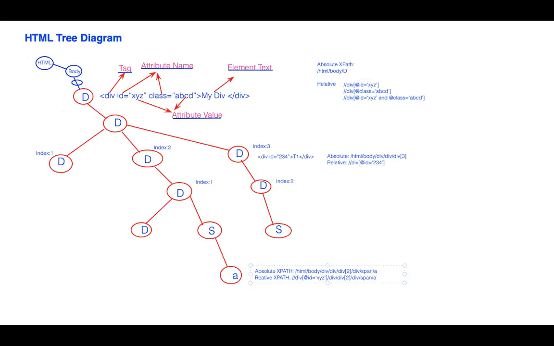Now to simplify it further, I am trying to introduce another way of writing it. I know I'm going in a bit of a hasty way, but it's important that I explain this right away. So this is something called XPath axes, right? What are XPath axes? XPath axes are used to locate an element with respect to another element.